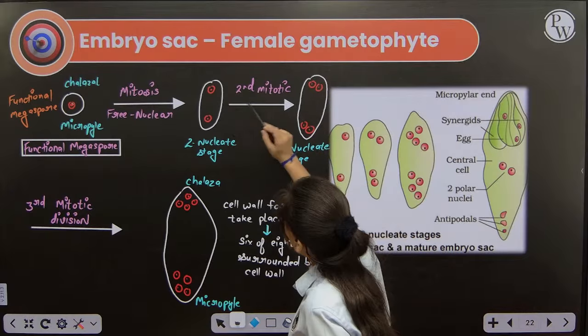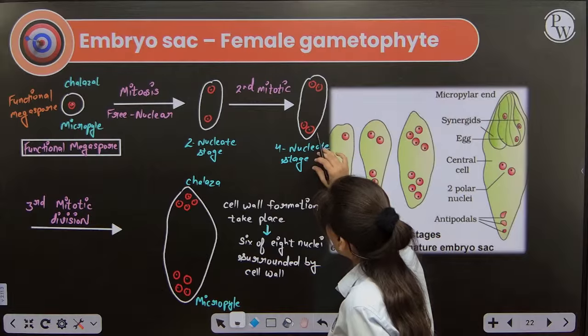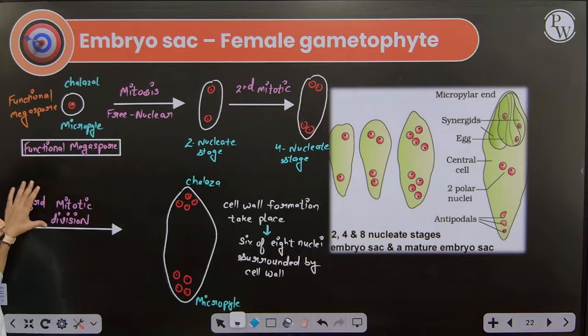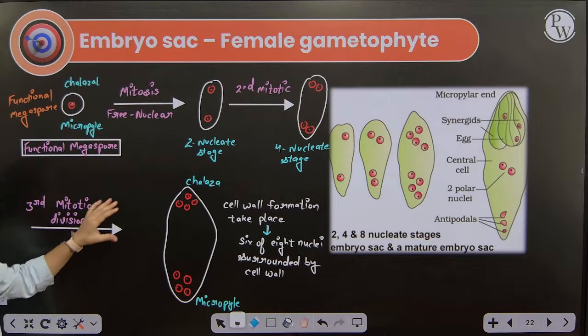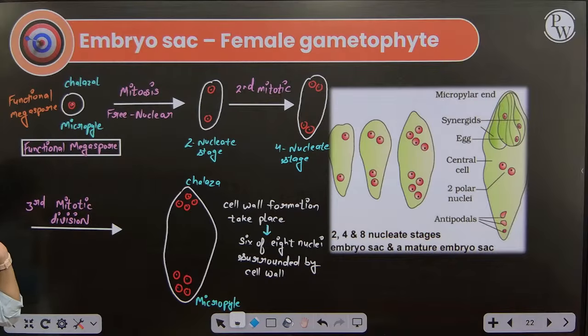From these two, how many nuclei are formed? Four. That stage is known as the four nucleate stage. Then the third mitotic division occurs. After it, eight nuclei are formed.